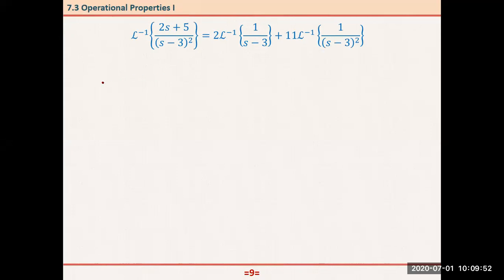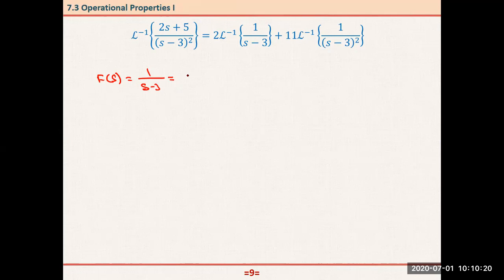Here, our F of s is equal to 1 over s minus 3, right? It is the same thing as, what is it?